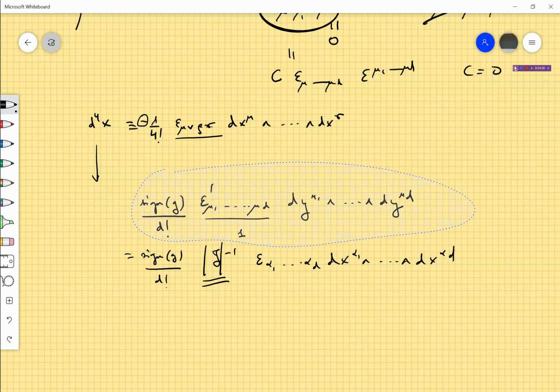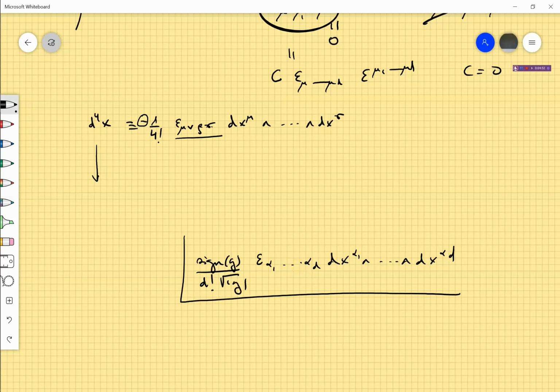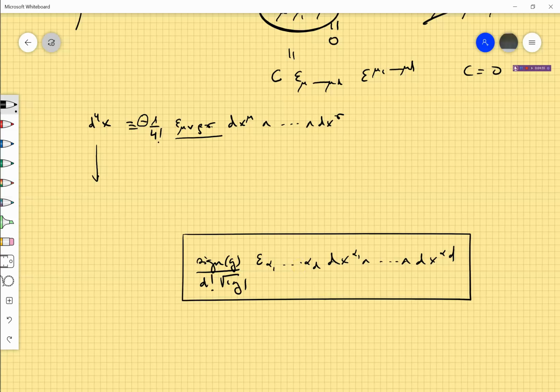My volume element, which is invariant, will be this one. I divide by the square root of g, so it is sign of g over d factorial square root of g, because this expression is invariant under general coordinate transformations, and this I can call dv or whatever, to indicate that this is the d-dimensional volume element.